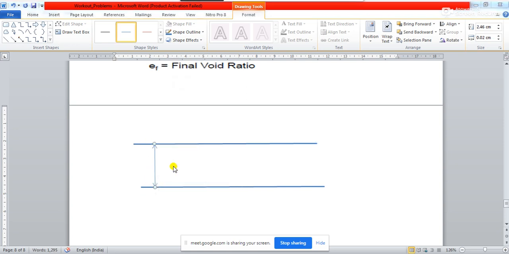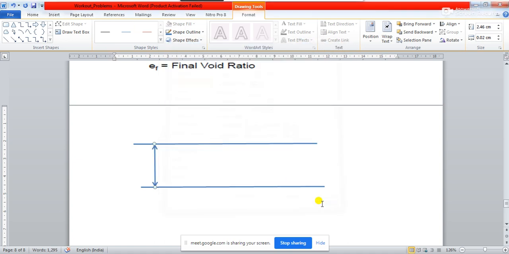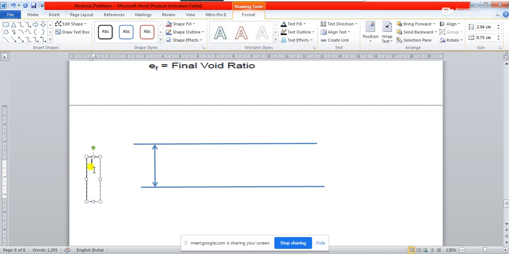So let me just write it over here. Let's say this is sand, and this is the sand layer.